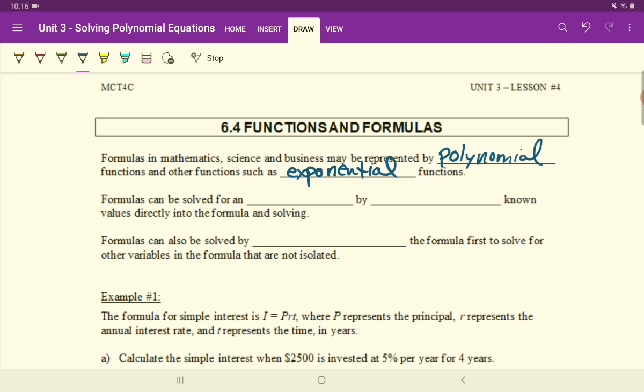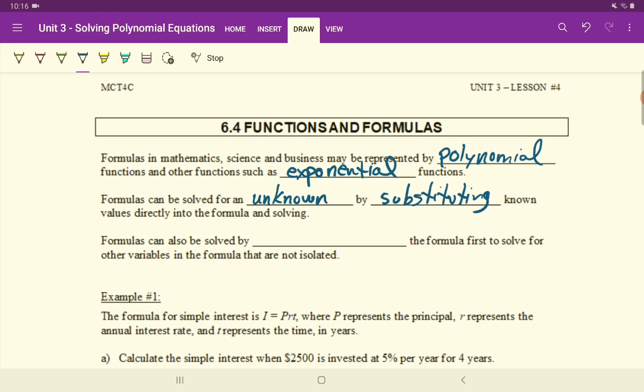All right, so formulas can be solved for an unknown simply by substituting known values directly into the formula and solving. You can solve formulas by first putting in the values, simplifying it down a little, and then isolating for a variable.